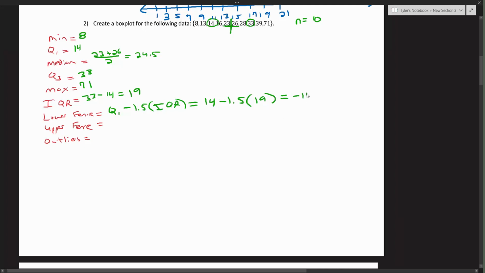And then the upper fence is Q3 plus 1.5 times the interquartile range, which is 33 plus 1.5 times 19. So 33 plus 1.5 times 19 gives me 61.5.